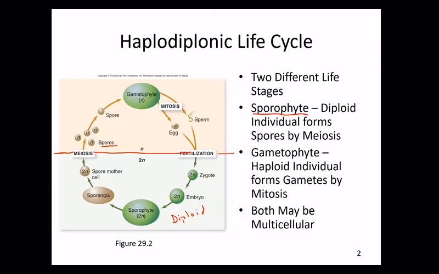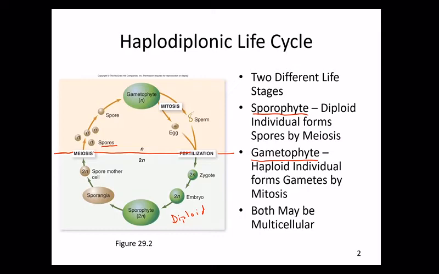Then they go through this haploid stage, which again we refer to as the gametophyte stage. The gametophyte portion of the plant is going to form the gametes through the process of mitosis.